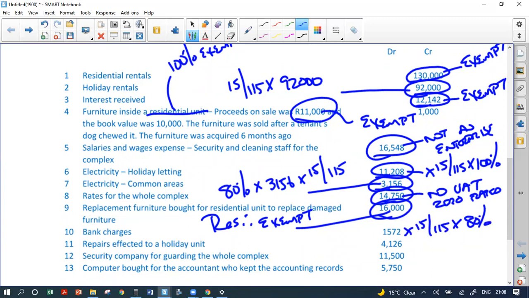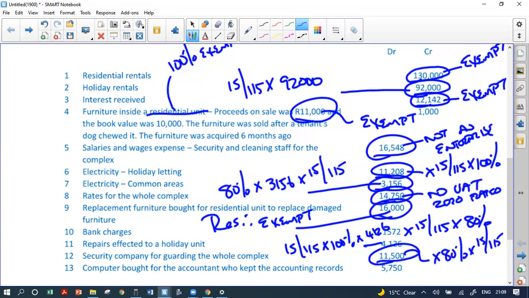That's why we claim 80% of the VAT. Refers to a holiday unit. It is 100% for a holiday unit, therefore I can claim all the VAT. And I'll be able to claim 15 over 115 times 100% times 4126. Security company for guarding the whole complex. It's for commercial and residential times 80% times 15 over 115.